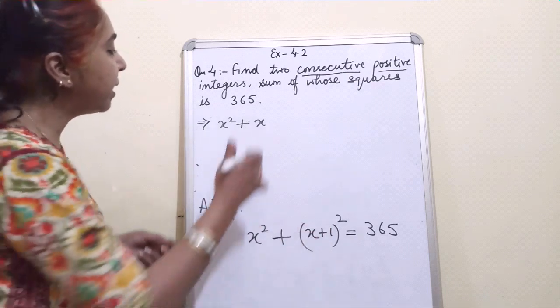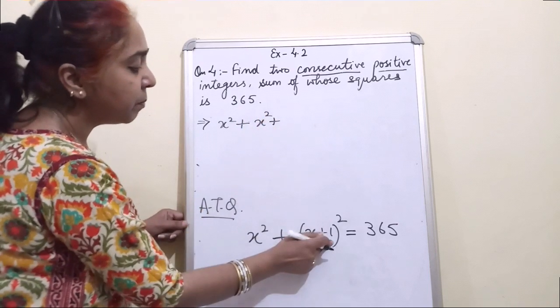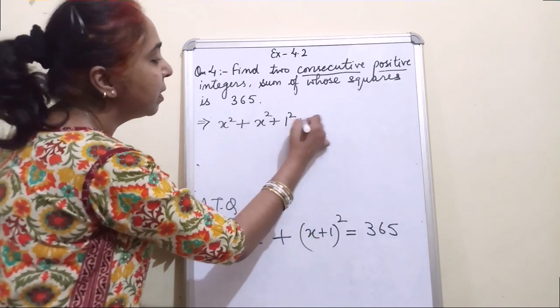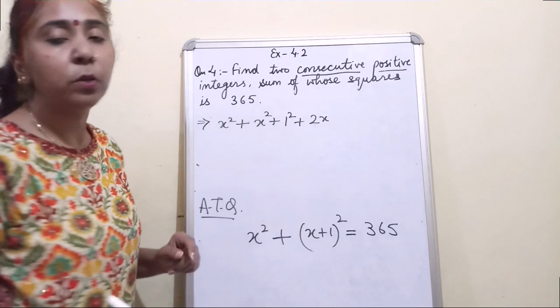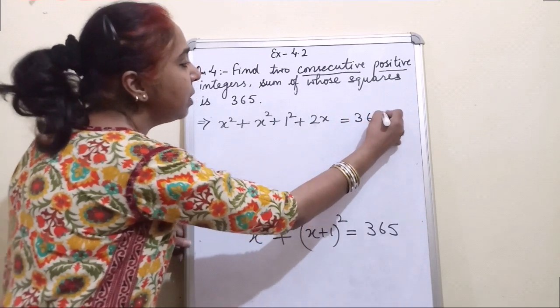So after applying the identity, I get x square, a square plus b square means 1 square, plus 2ab. 2ab means 2 into x into 1. So I can write it as 2x, and that is equal to 365.